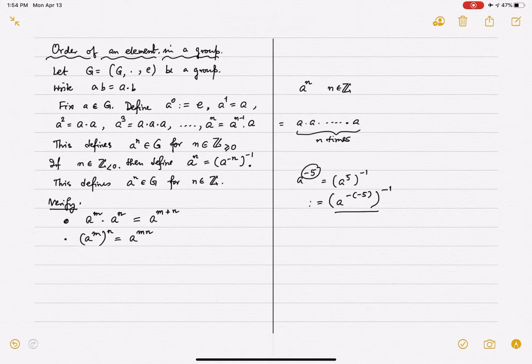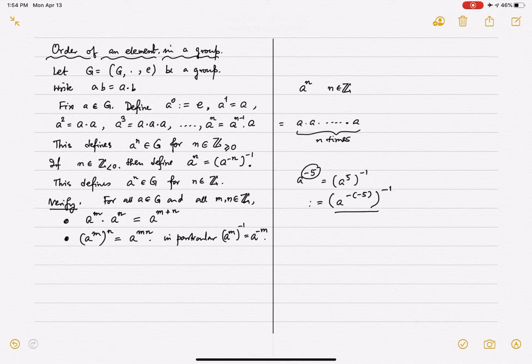In particular, if you take n equals minus 1, then the inverse of a to the m is a to the minus m.